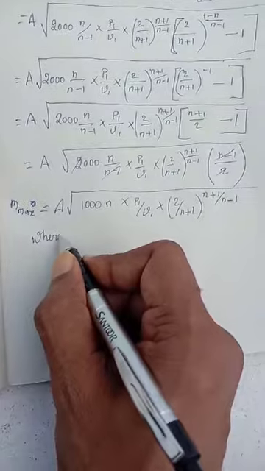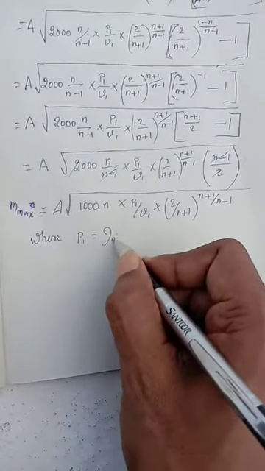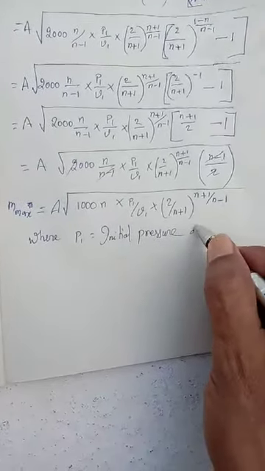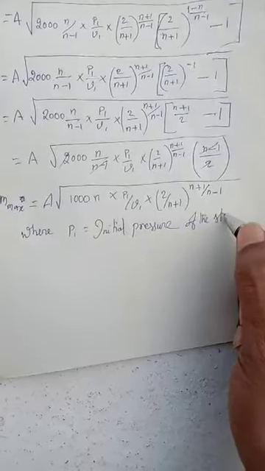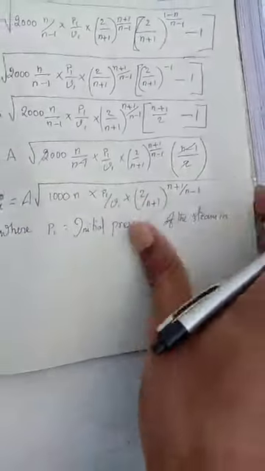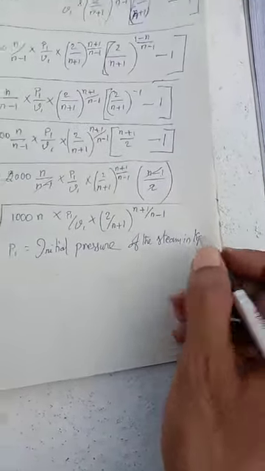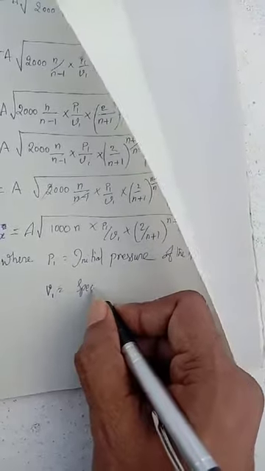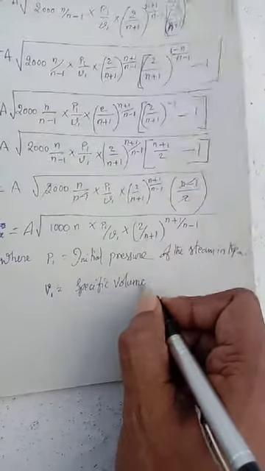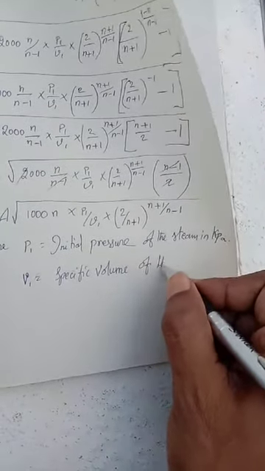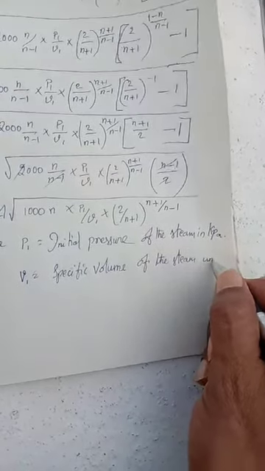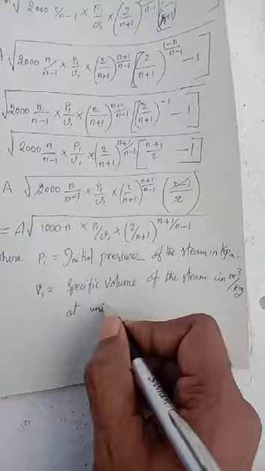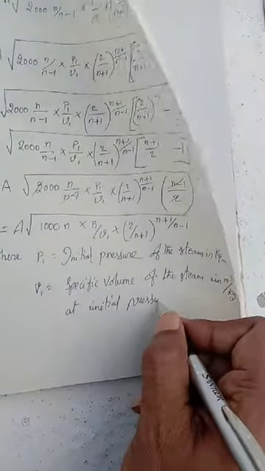So where P1 is equal to the initial pressure of the steam in kilopascals. You can write V1 is equal to, V1 is the specific volume of the steam in meter cube per kg at initial pressure.